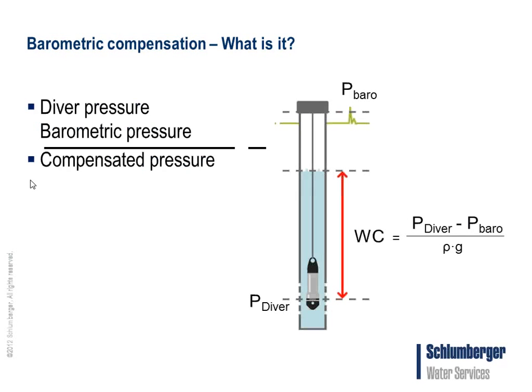So why do we do it? Because the diver measures absolute pressure, which is the pressure of the water column that's above the diver plus the barometric pressure. To calculate the water column above the diver, we subtract those two and divide by the density and gravity, and then we find the value of the water column.